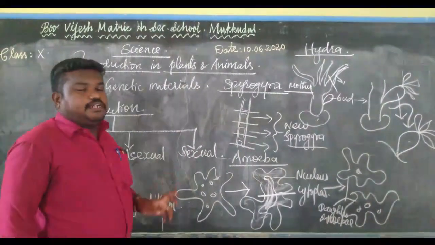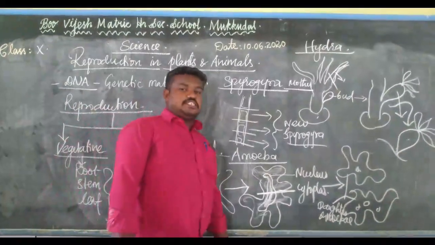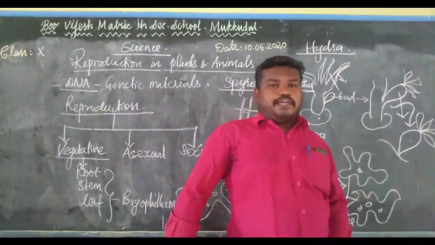Next we will see asexual reproduction. What is meant by asexual reproduction? Here there are no gametes involved.